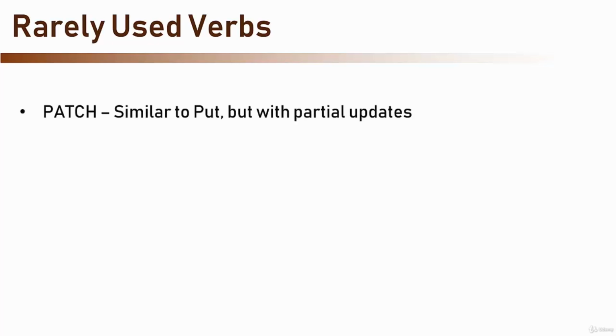So the first one is PATCH. PATCH is similar to PUT, but with partial update support. Meaning, if your server supports the PATCH verb, then it should be ready to accept not only a full resource with all its properties, but also a partial resource.